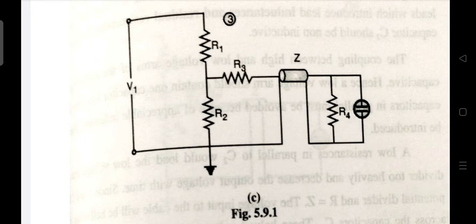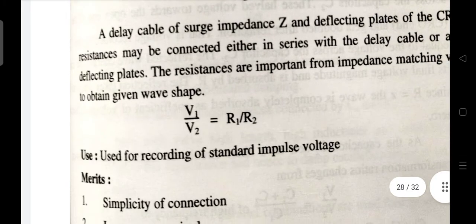So a delay cable of surge impedance Z and deflecting plates of the CRO, extra resistance may be connected either in series with the delay cable or across the deflecting plates. The resistances are important from an impedance matching viewpoint to obtain a given wave shape. So we can say here V1 by V2 equals R1 by R2.